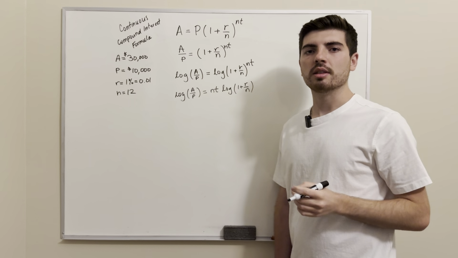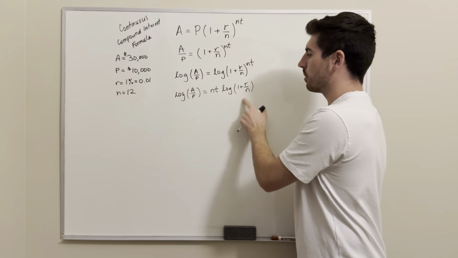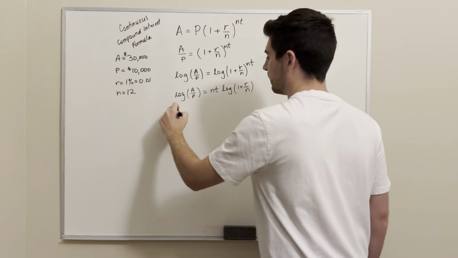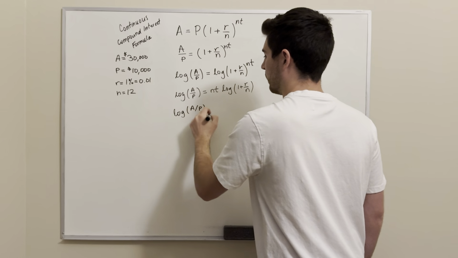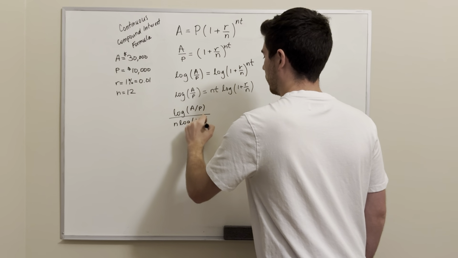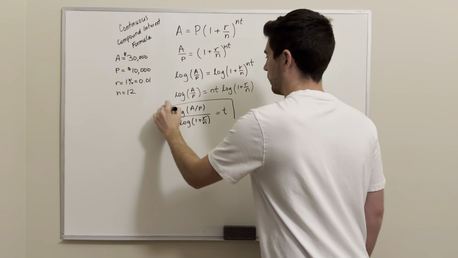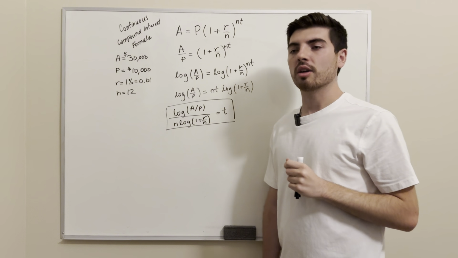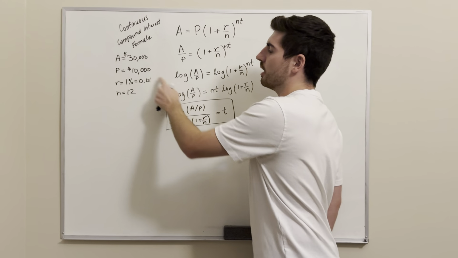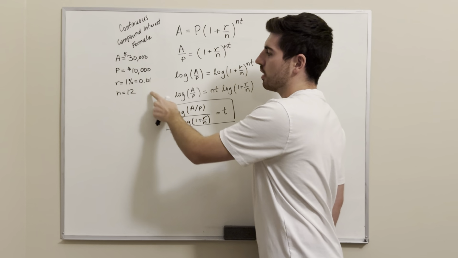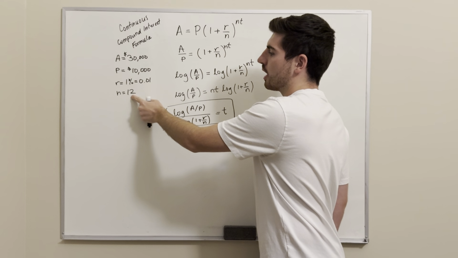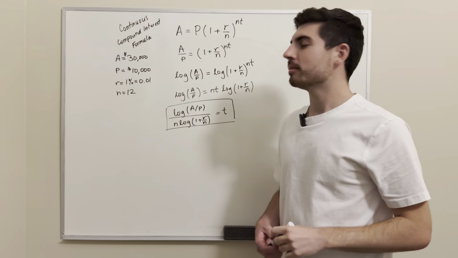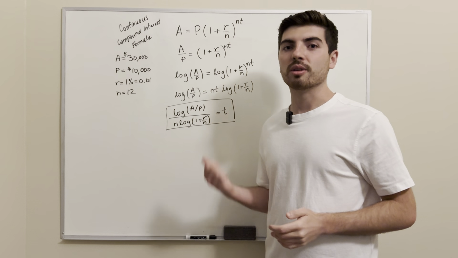Now let's isolate t by dividing by n and the logarithm of 1 plus r divided by n. This is the time that it would take for me in years with a $30,000 goal and an initial $10,000 investment at a 1% interest rate compounded every month. Now I'm going to use my calculator to solve for t.